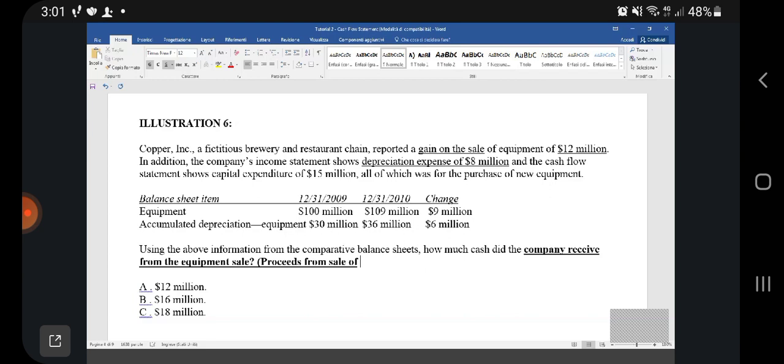Basically, what we are required to calculate is how large the proceeds from sale of property, plant, and equipment are. Okay? Any idea how to do that? You can start the calculations for 2-3 minutes, and then we will discuss that together.